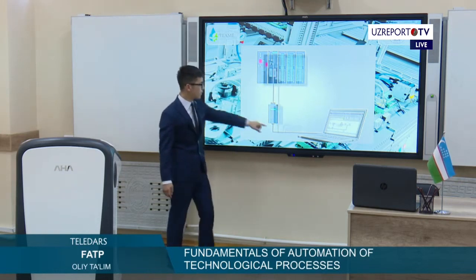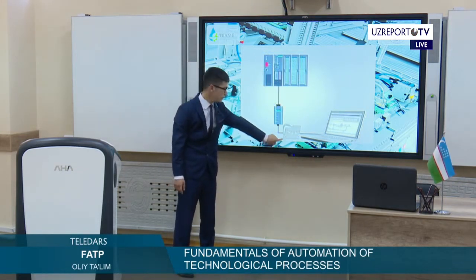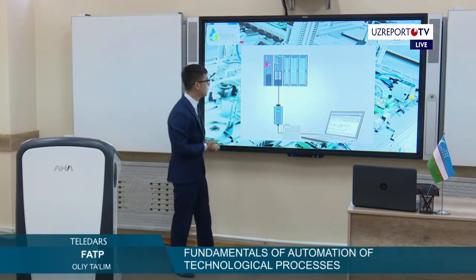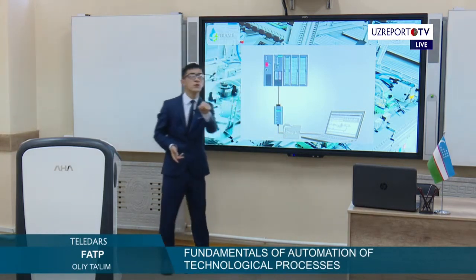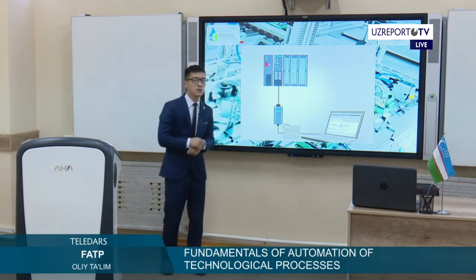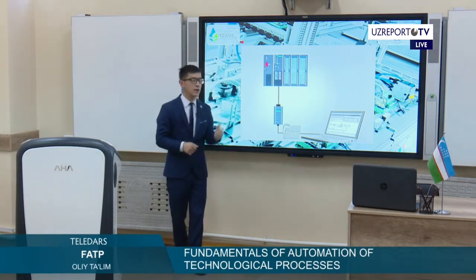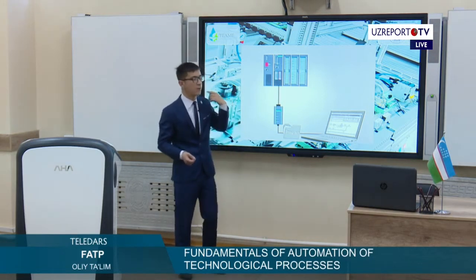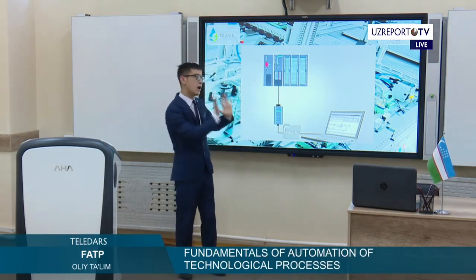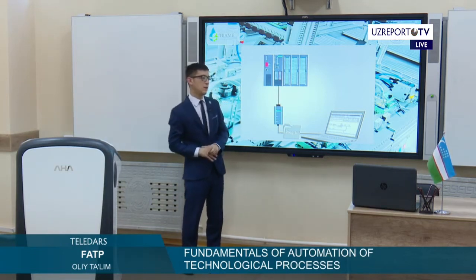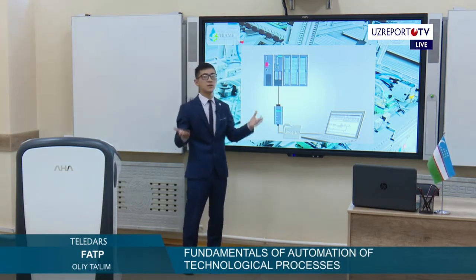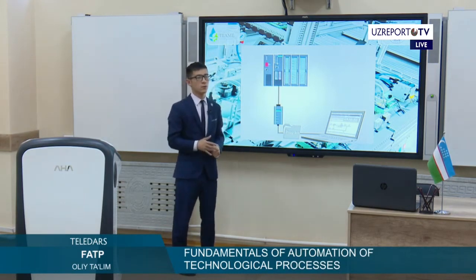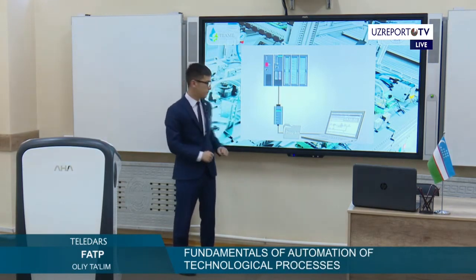Then you make your own program and download it to the controller. Then the controller, according to your logic, will change the signal circulation inside the controller. And then it will give an output signal to the other actuators to carry out the algorithm of the technological process which you need, according to your terms and your logic and rules of control.